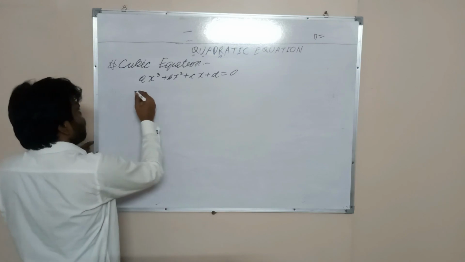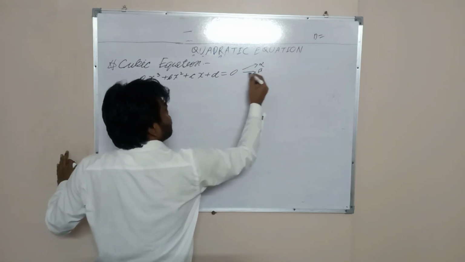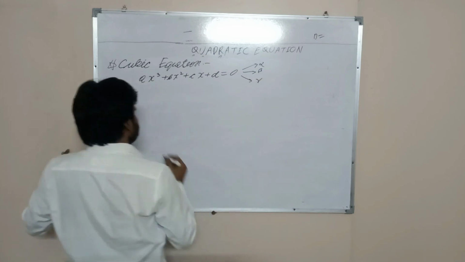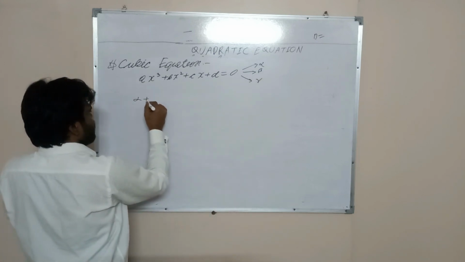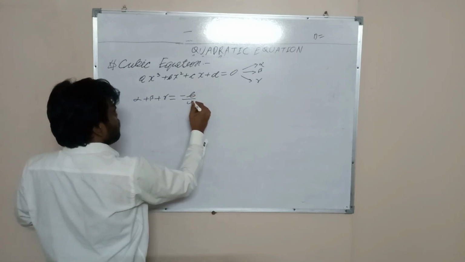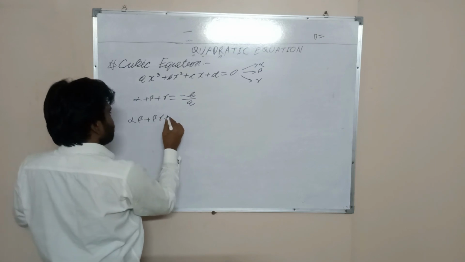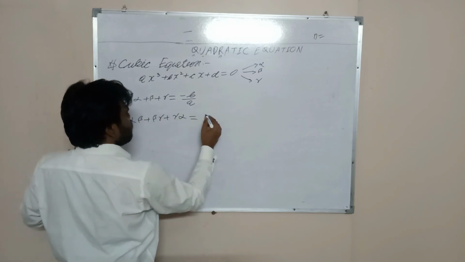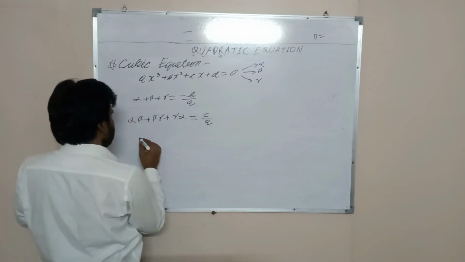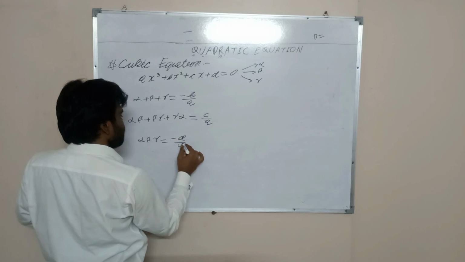Now it has three roots: alpha, beta, gamma. Here again, alpha plus beta plus gamma is minus b upon a. Alpha beta plus beta gamma plus gamma alpha will be c upon a, and alpha beta gamma is minus d upon a.